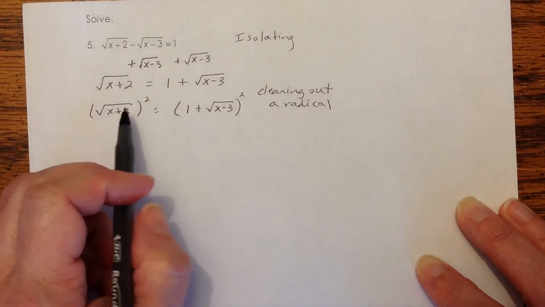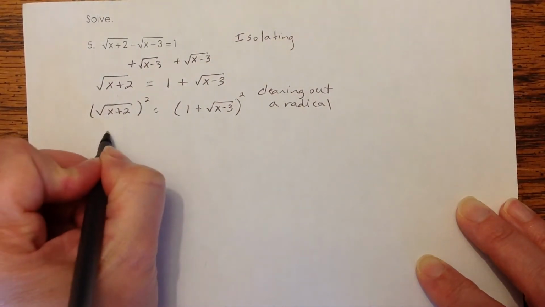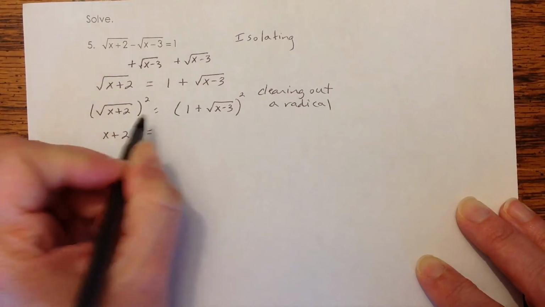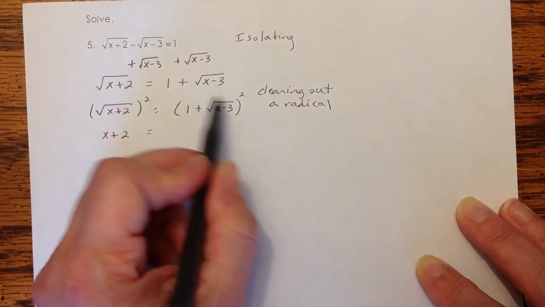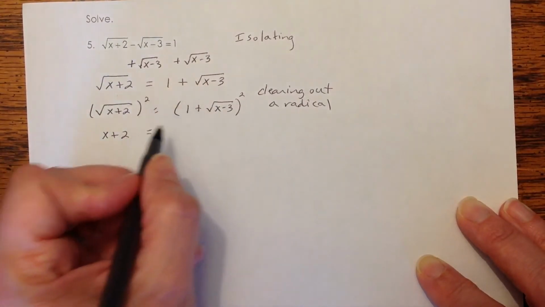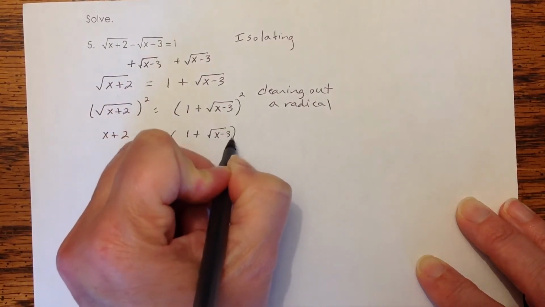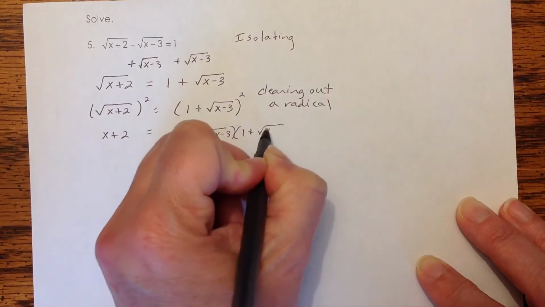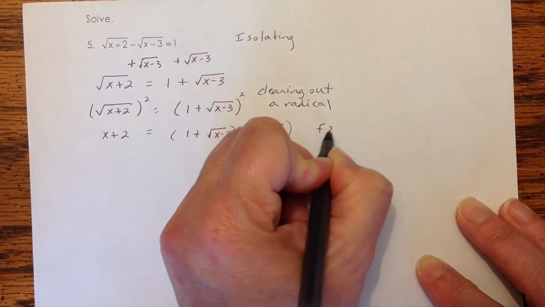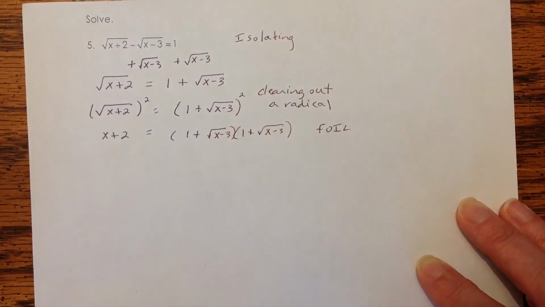This side, when I square a square root, it falls out. So I get x plus 2. This is a binomial expression, so the only way to square this correctly is to write it twice in FOIL. So I'm going to write 1 plus the square root of x minus 3 twice. And I am now going to have to FOIL.